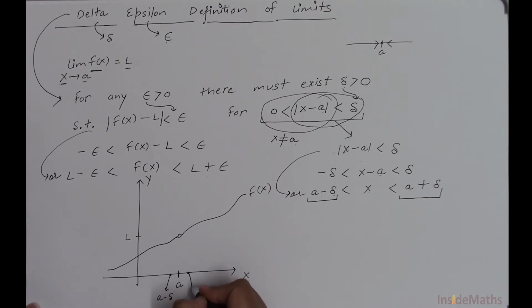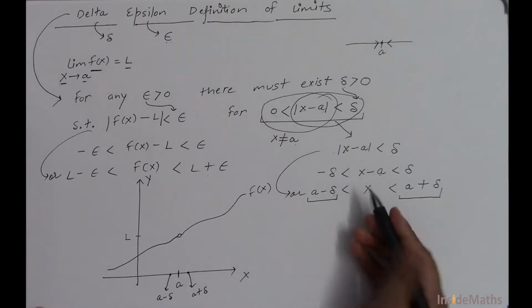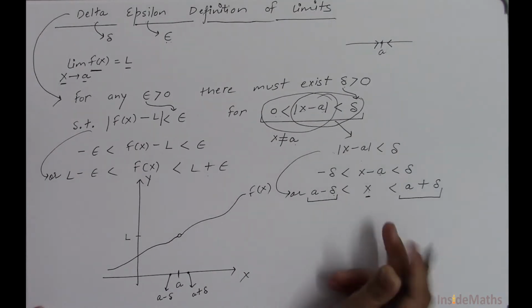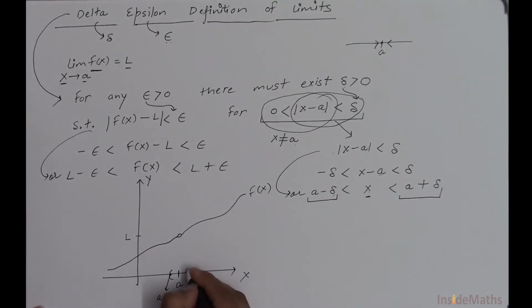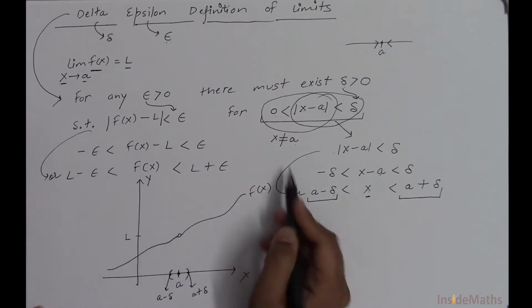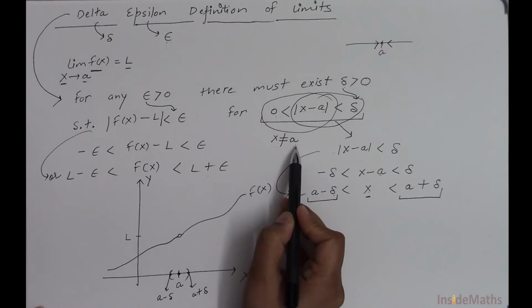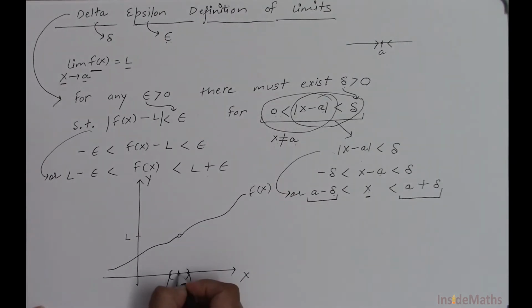So a plus delta will be here somewhere. That means x lies between these 2 points. Then on the graph, the range of x is between this point and this point, excluding a, because x is never equal to a.